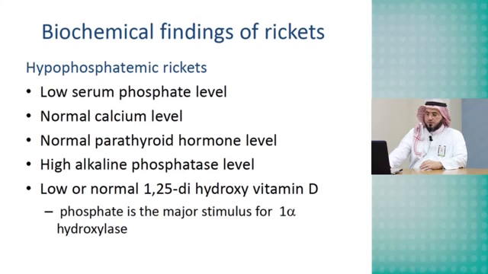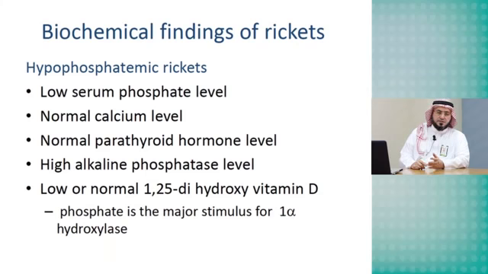We come now to the biochemical findings of hypophosphatemic rickets. We have low phosphate the whole time, opposite to hypocalcemic rickets. If you remember from the previous slide, calcium in the beginning of the disease is low, then normal, but here throughout the disease the phosphate will be low and the calcium will be normal.